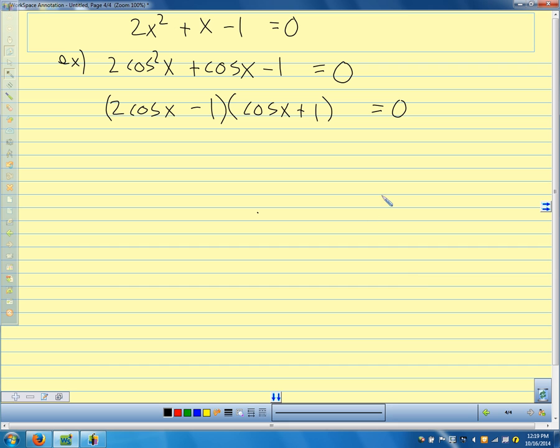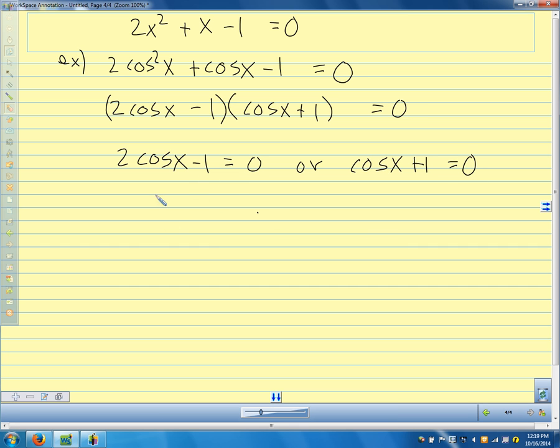All right, and this tells us that 2 cosine x minus 1 equals 0, or cosine x plus 1 equals 0. And for this possibility, I get cosine x equals 1/2, or cosine x equals negative 1.